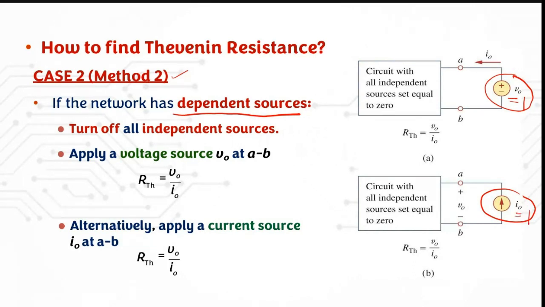If you put the test voltage here to calculate RTH, with V naught equal to 1, you need to get the value of I naught from the circuit.